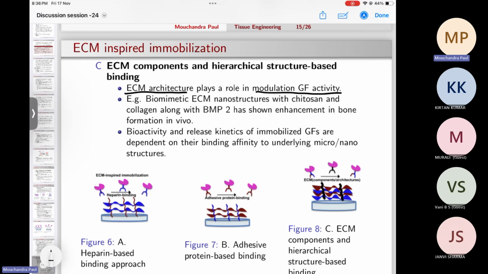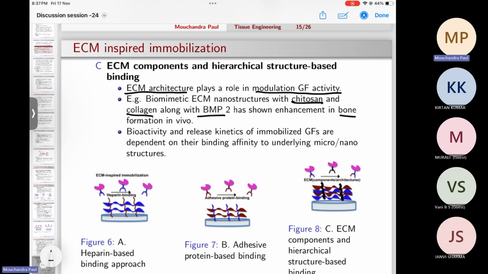In one study, they created a chitosan and collagen scaffold, and the scaffold was created in such a way that the arrangement of the ECM and the collagen was mimicking the ECM structure of bone. When they did that, they were able to control where the BMP2 growth factor was arranged.